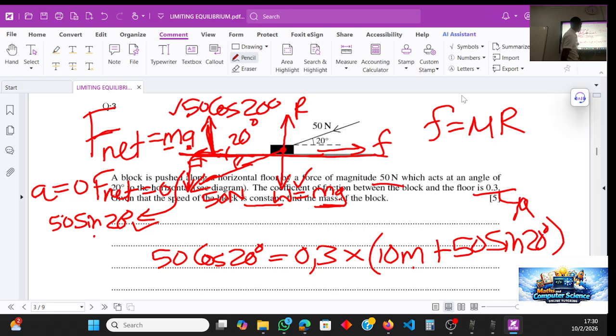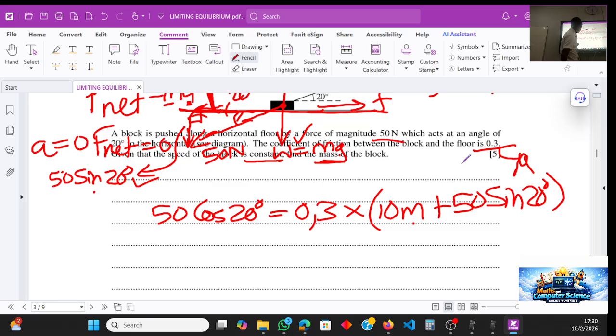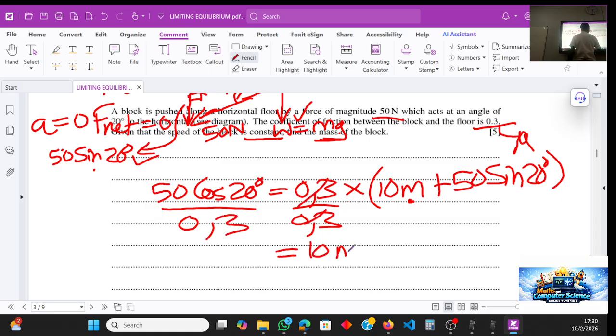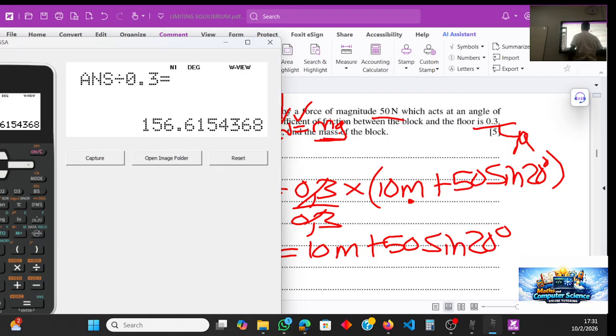Let me scroll up a bit so that we have space for the calculation. I want to get rid of 0.3 because I'm interested in what's inside the bracket. So I'll divide both sides by 0.3 so that this cancels. I remain with 10m plus 50 sine 20 degrees. The other side, I'll need a calculator.